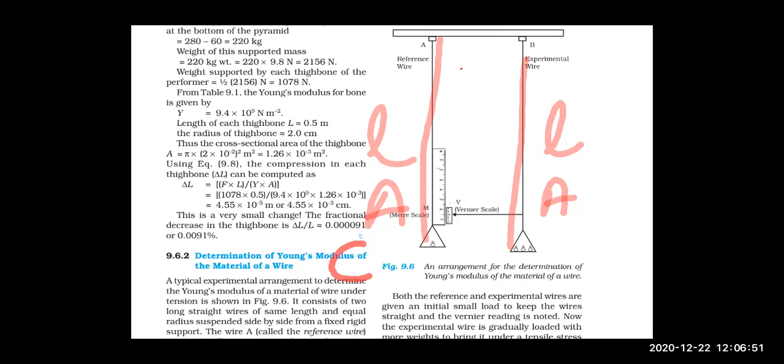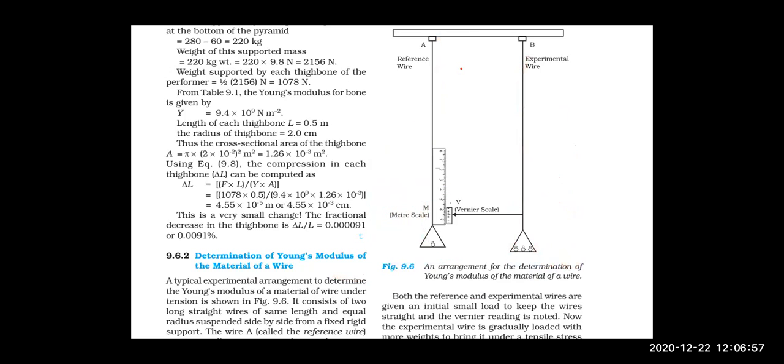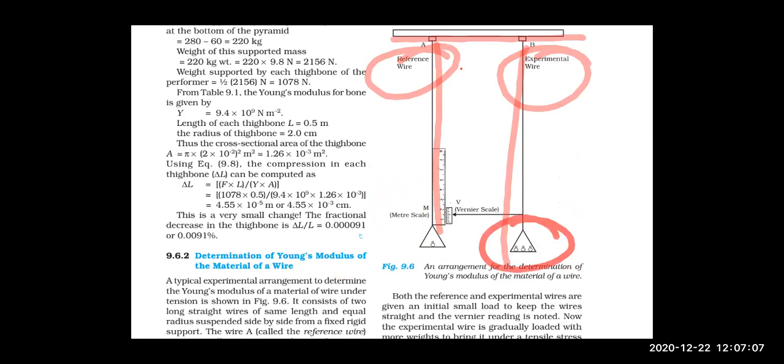If one is made up of copper, the other one will also be made up of copper. Now both of them you are suspending from a rigid support. Now here your wire A is your reference wire and wire B is the experimental wire. So you are going to perform your experiment on wire B.